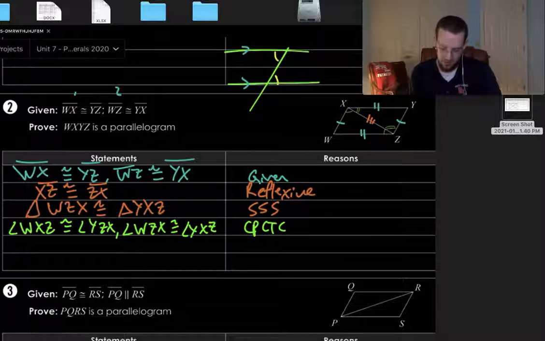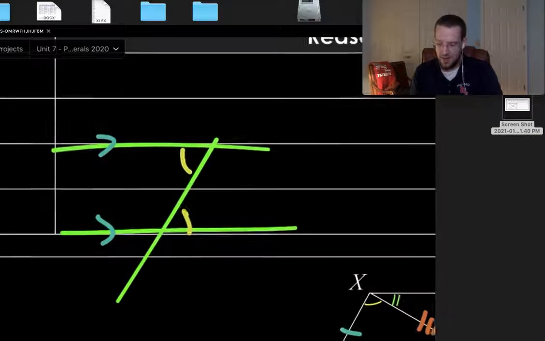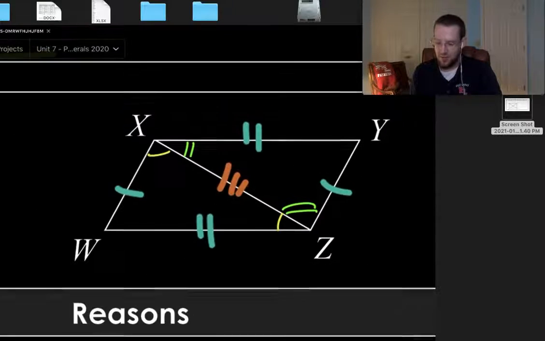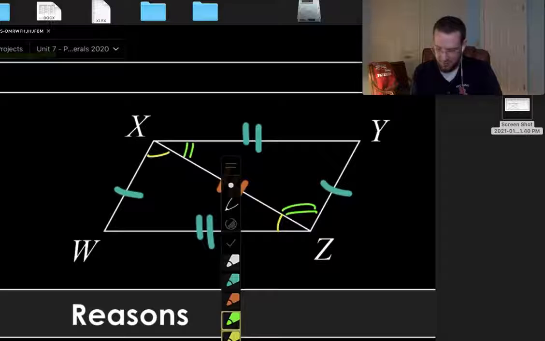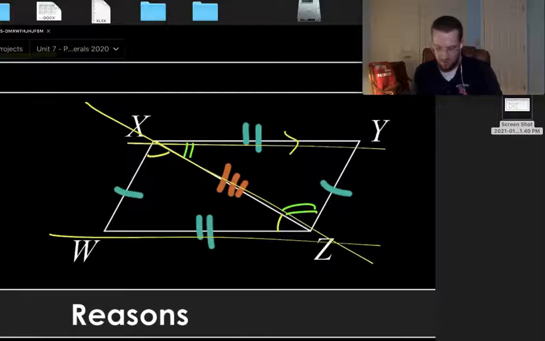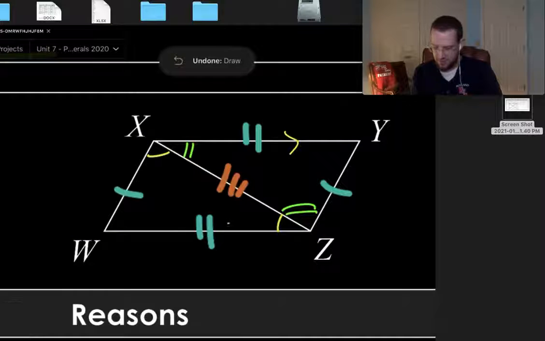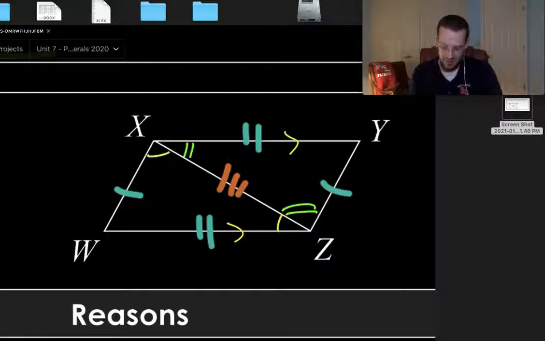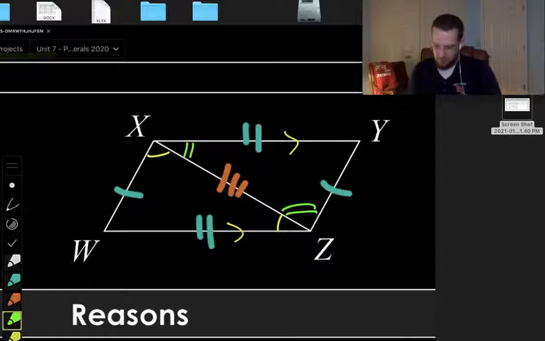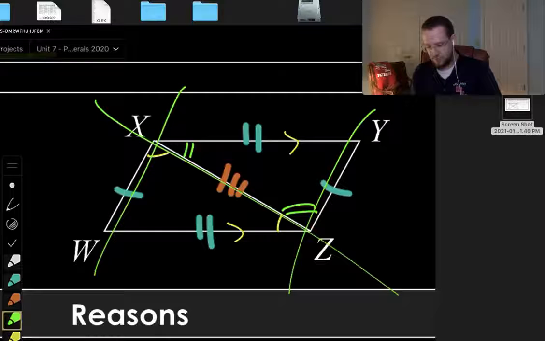But what does that mean? Well, just like we saw up here, if the angles are congruent, then the lines are parallel. So if these yellow angles are congruent, then it means that these lines are parallel. If the angles are congruent from the green ones, oh no, I did these wrong.